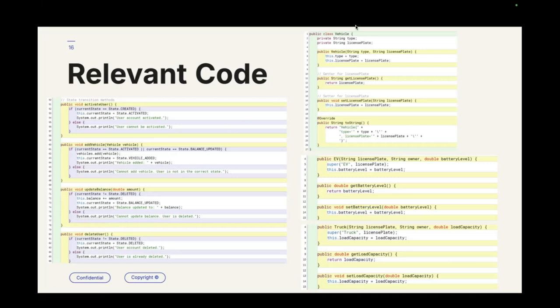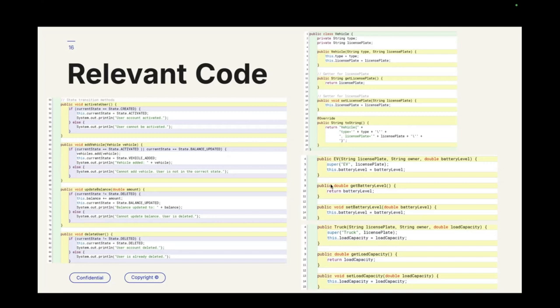And then for the right side, the mother class, the vehicle class, is for asking for the information of the vehicle, and then checking the getter and the setter of the license plate to make sure the information of the vehicle is typed.